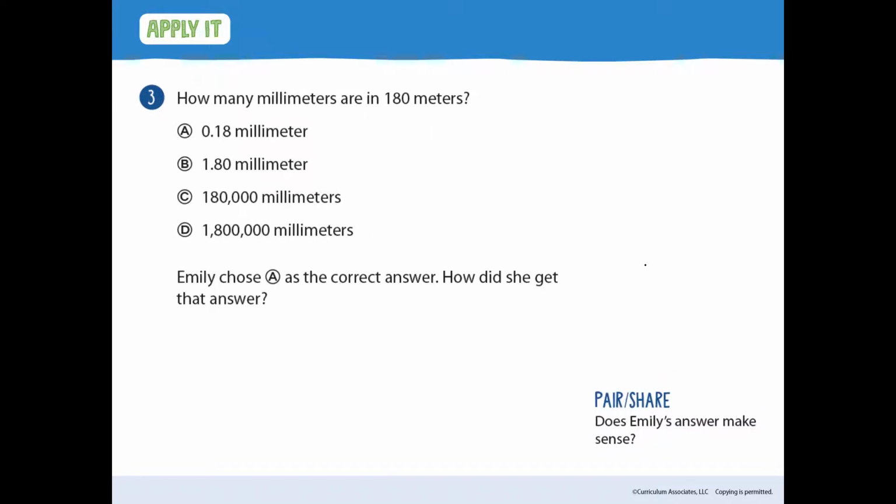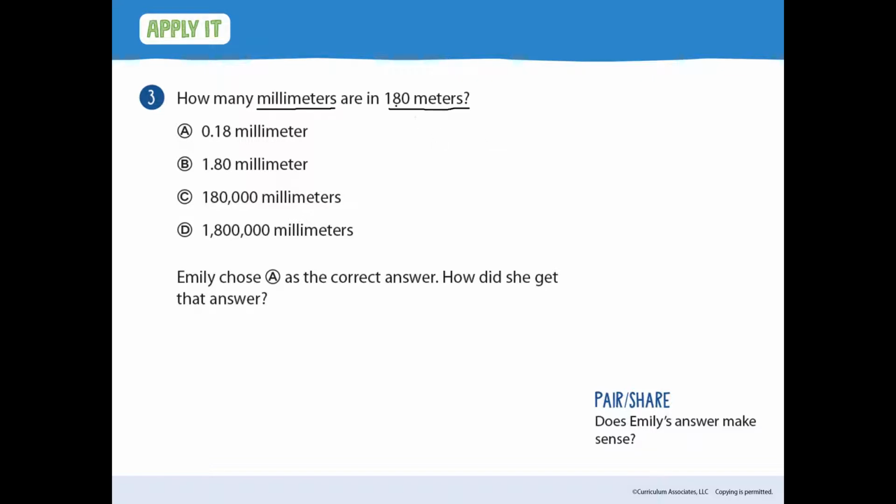Number 3, how many millimeters are in 180 meters? Okay, so the meters is the larger unit of measure. Millimeters are smaller. So we're going to have more millimeters than the number of meters, which means that we're going to multiply our number of meters to get our number of millimeters, because there will be more of these than there are of these.